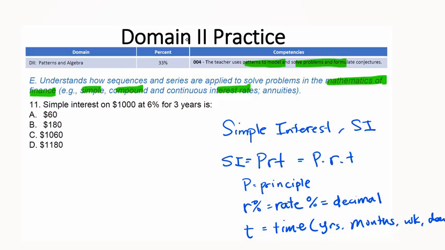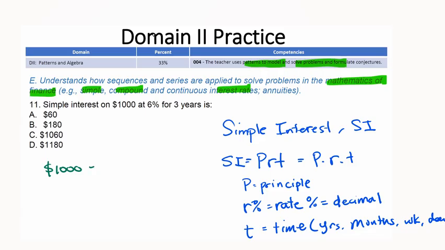Simple interest on $1,000 at 6% for 3 years. All right, here we go. I want you to analyze. $1,000, tell me, is this the P, the R, or the T? The principal.